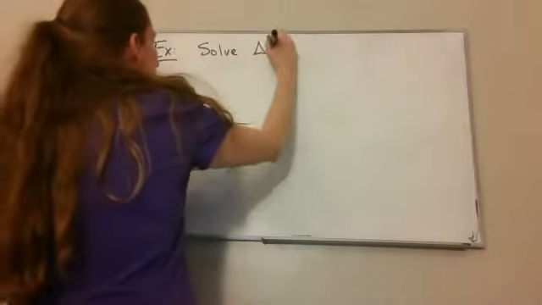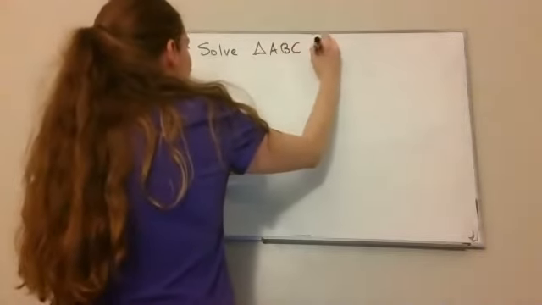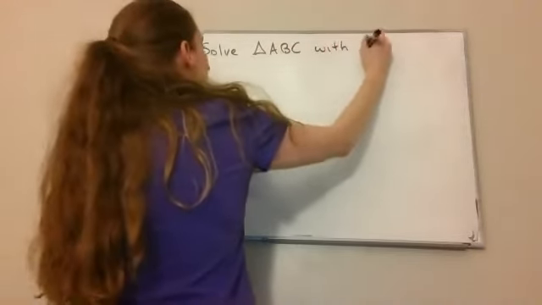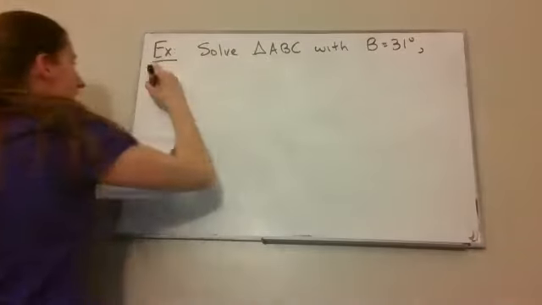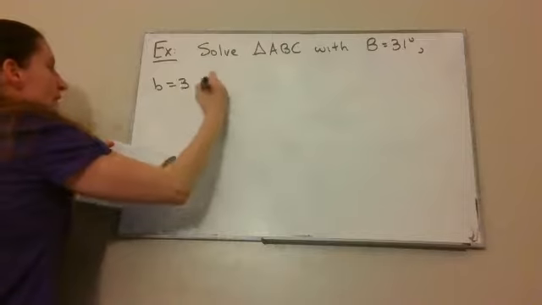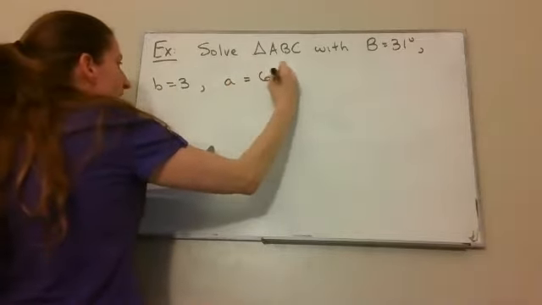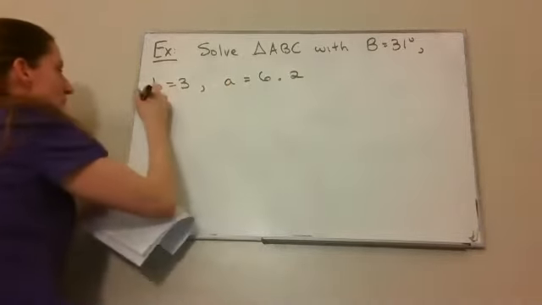Let's solve triangle ABC with angle B equals 31 degrees, side B is 3, and side A is 6.2.